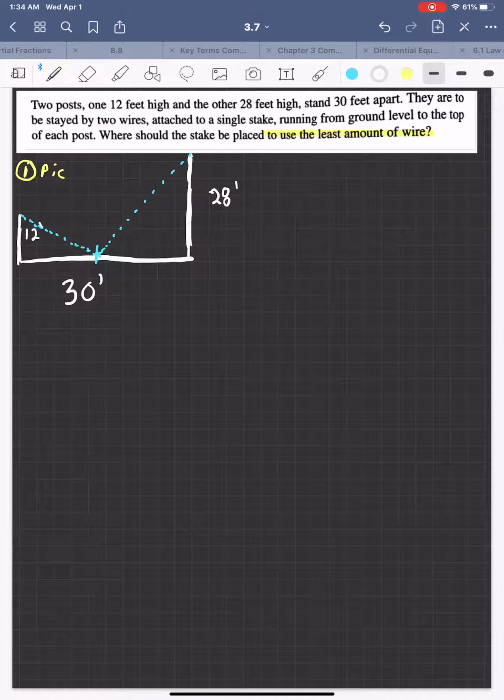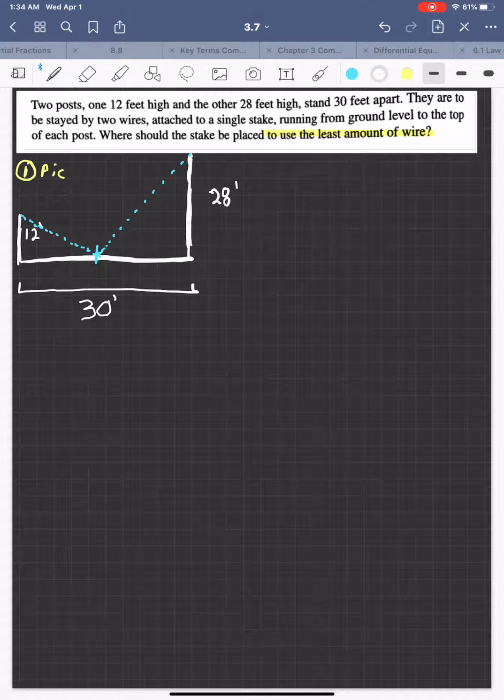So what I'm going to do right now is give myself just a little bit of room and probably draw this diagram a little bit better. So I know that I have 30 feet of distance between each pole, and you're trying to use the minimum amount of wire that you have to.